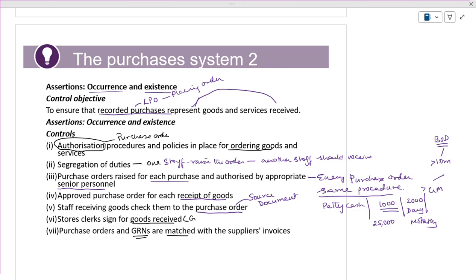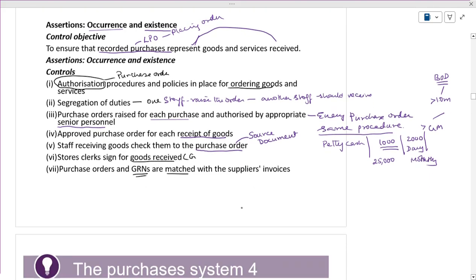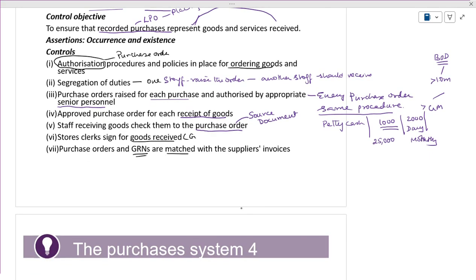See, how many things are there now? Any material misstatement we are talking about. We are having a purchase order, we are having the goods received note, and the supplier will also send us the invoice. For them it is a goods delivery; for us it is goods received.